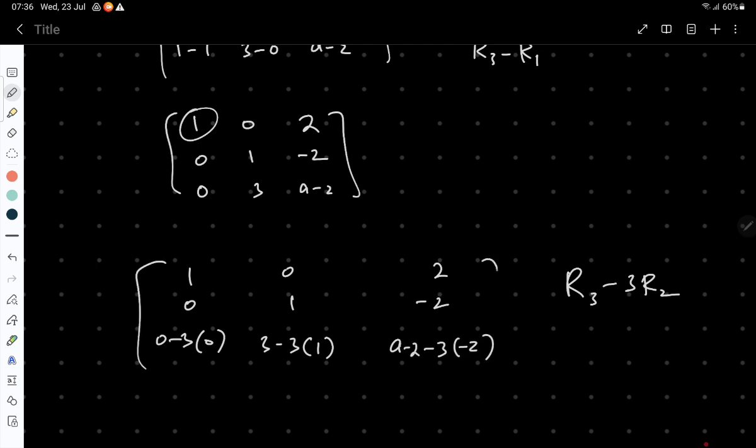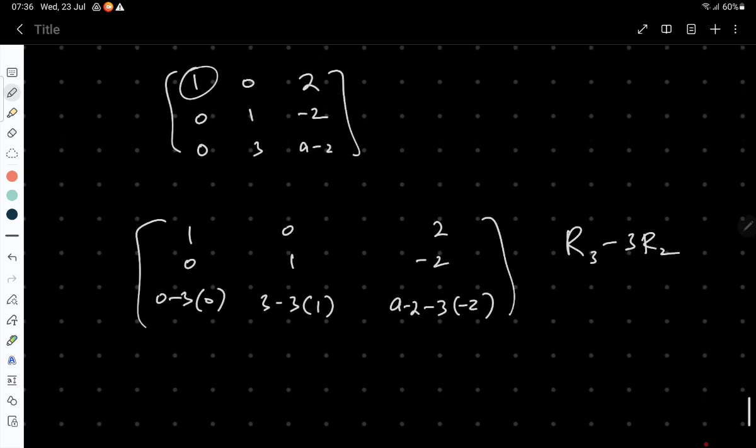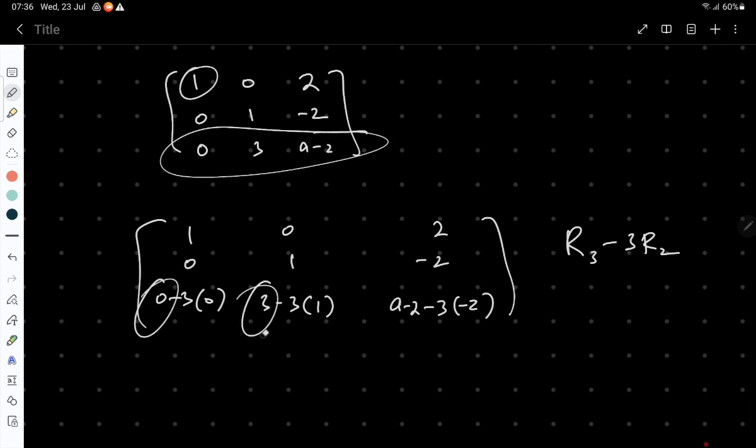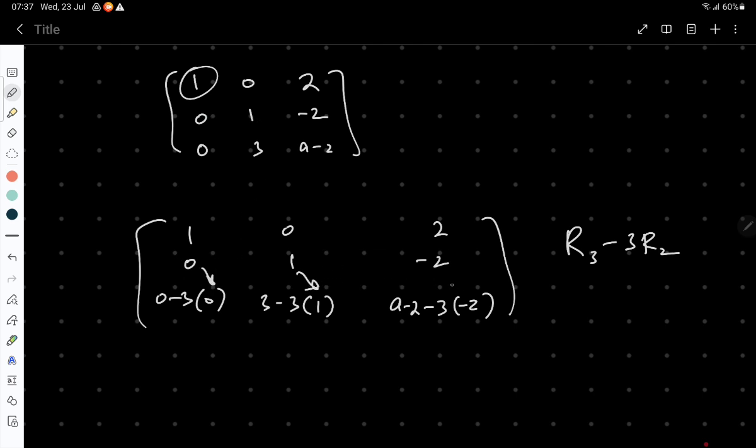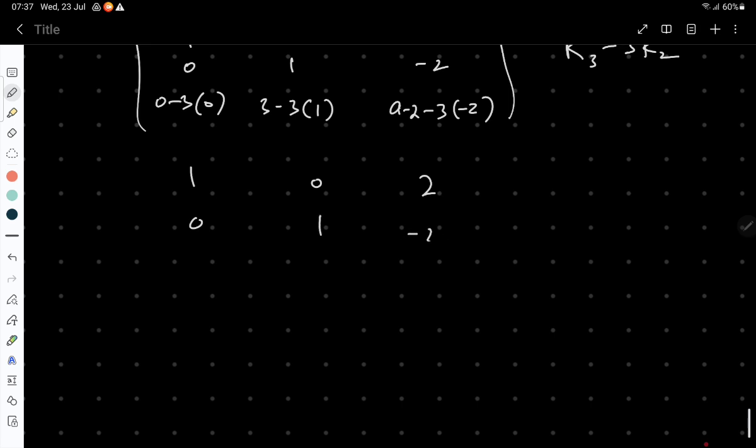You can check, this operation is okay. So we get 1 0 2, 0 1 minus 2, 0 0 a plus 4.